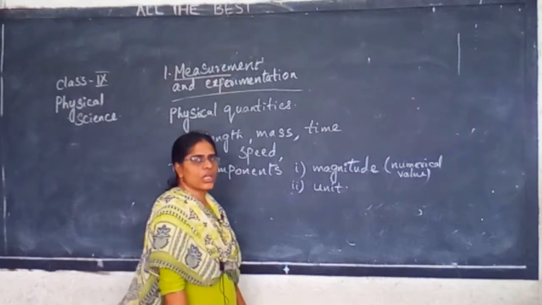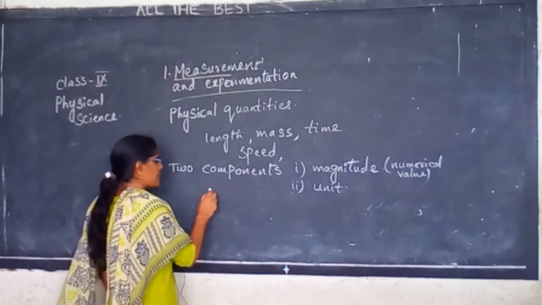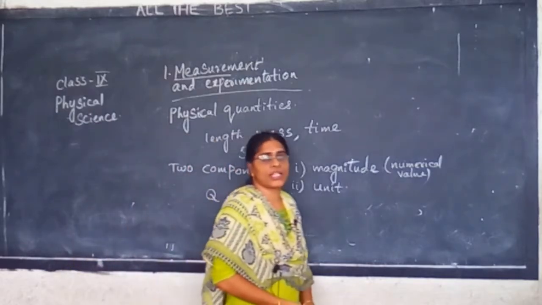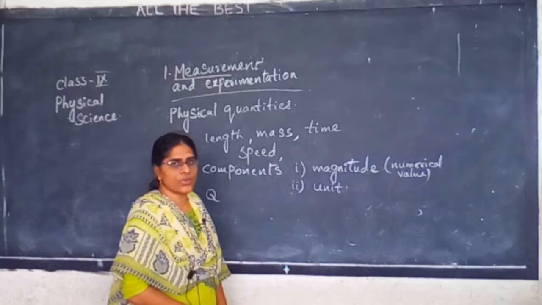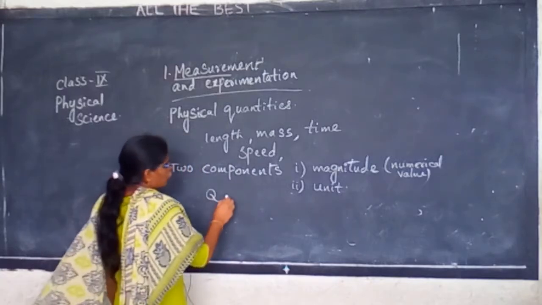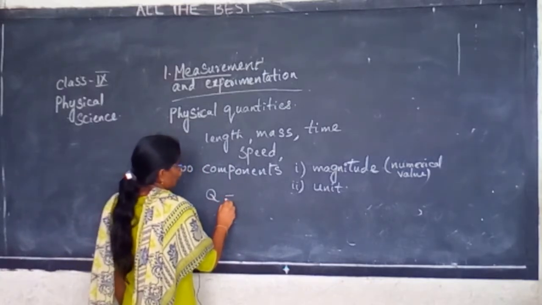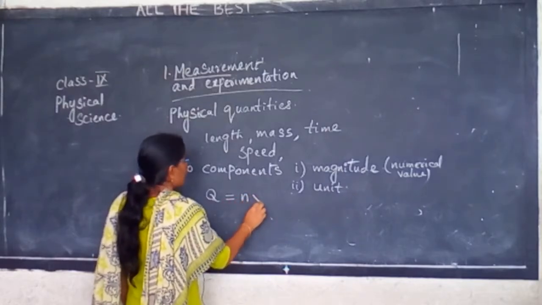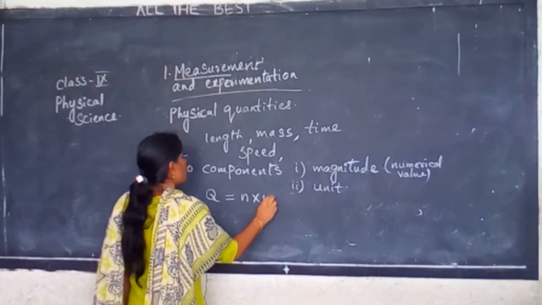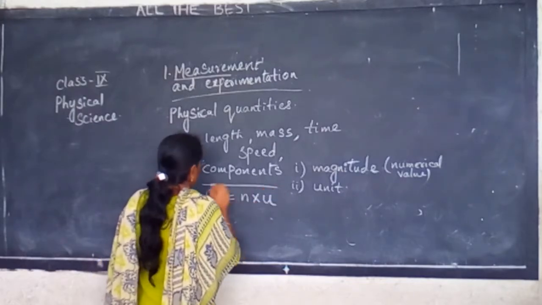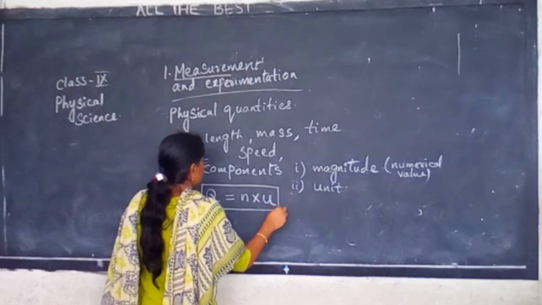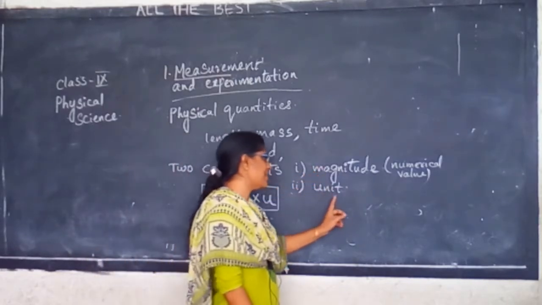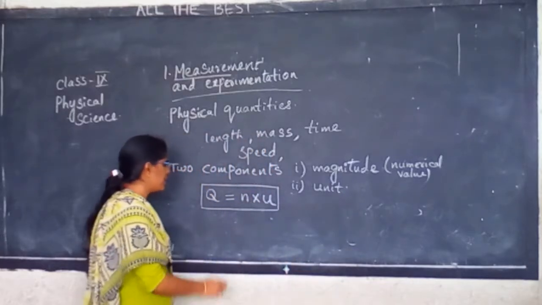Any physical quantity, we always represent it with capital Q. Now the formula is Q is equal to N into U. Any physical quantity has two components, one is magnitude and the second one is the unit.